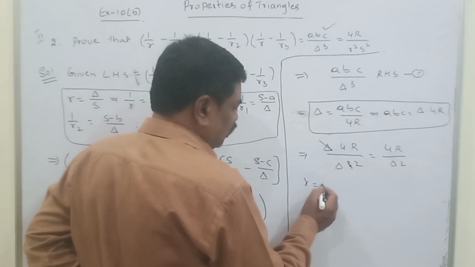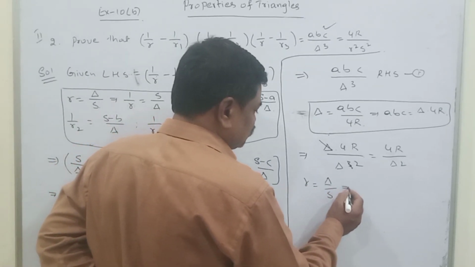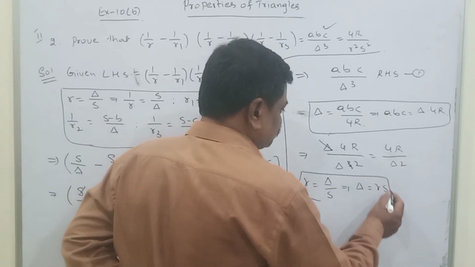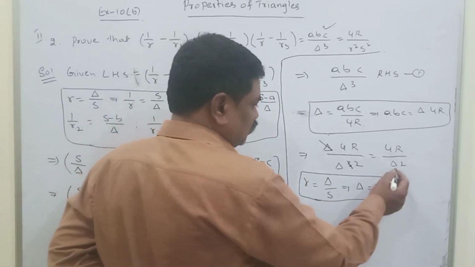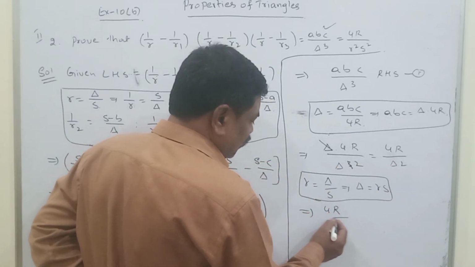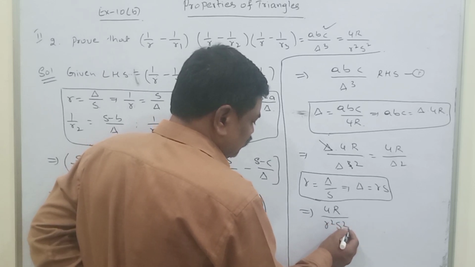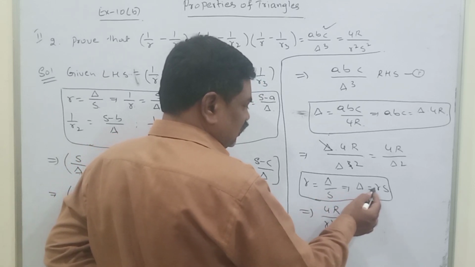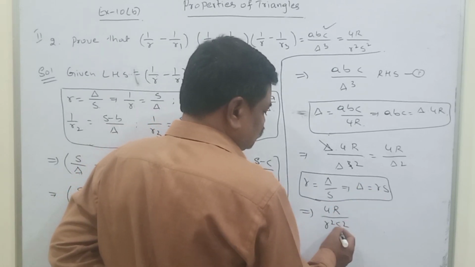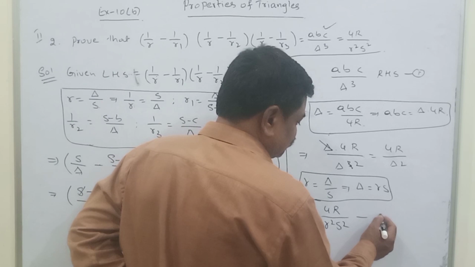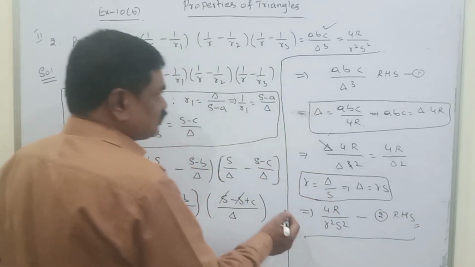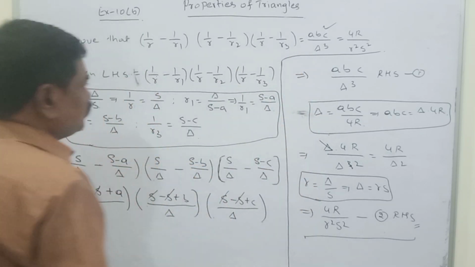But we know that R is equal to delta by s, so delta is equal to Rs. Substituting here, we have 4R by R square s square, because delta square is equal to R square s square. This is the second RHS. This is the conclusion of the problem.